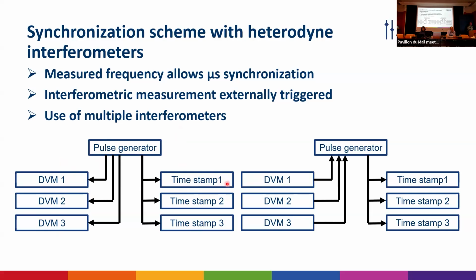But if you do that, you can always trigger the beginning of the measurement for the DVM, but you never trigger the end of the measurement, which means that in a first stage, you have to use exactly the same system to measure the integration time of the DVM, and then you can determine the best synchronization to synchronize all of your instruments.